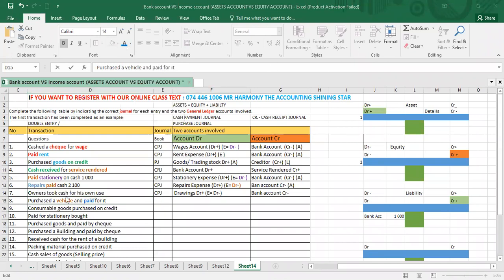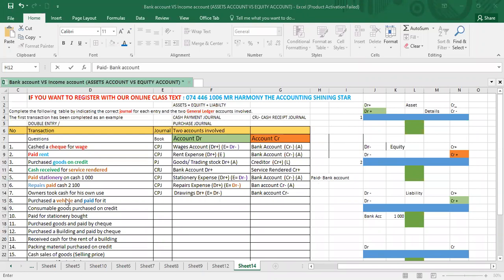For each and every transaction or each and every question, in order for you to get the correct answer, you have to highlight 2 important keywords. Now, the word paid will create which account? Bank. Right, the word paid will help us to know that the bank account will be affected. We have identified our first account. The word paid creates the bank account of your business.